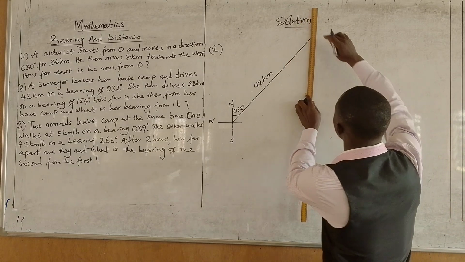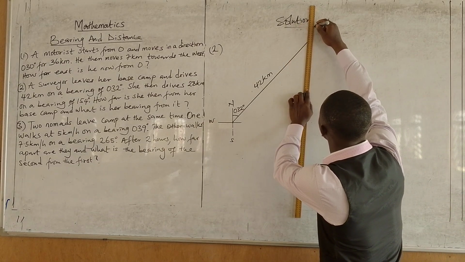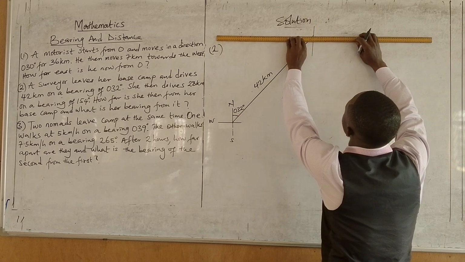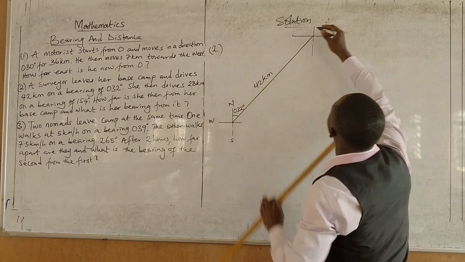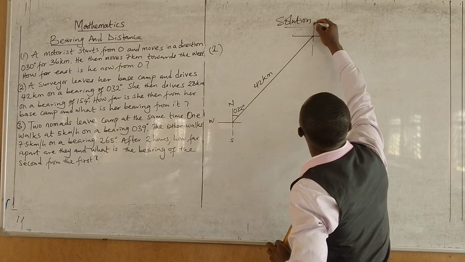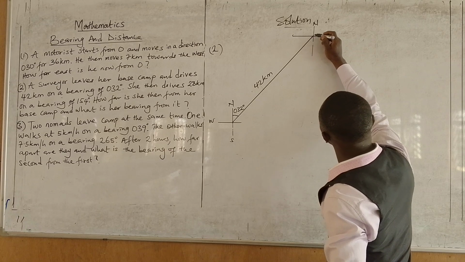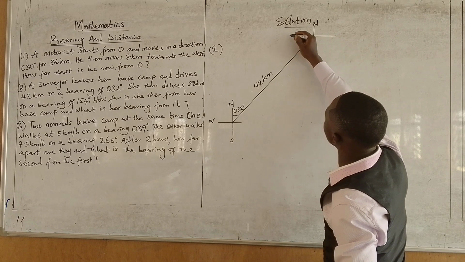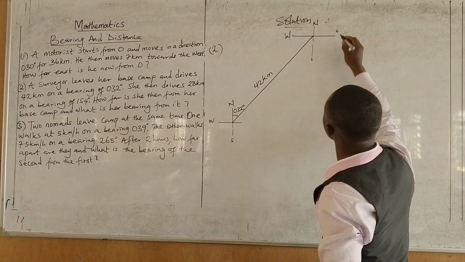So after stopping here, you will draw another cardinal point, your north, east, west, and south. Make sure that this north line falls in between here, at the center here. This west, this south, and this east.